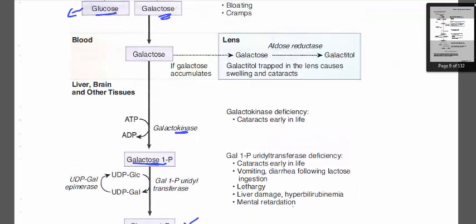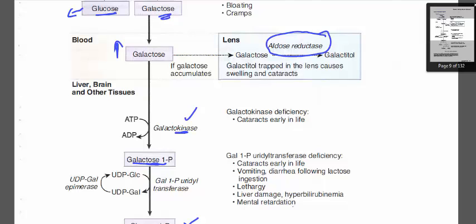And just an important point, and this is really very important, that if there is high level of galactose in the blood because of galactokinase deficiency or by galactose 1-phosphate uridyl transferase deficiency, galactose accumulates in the blood, and that is called galactosemia.